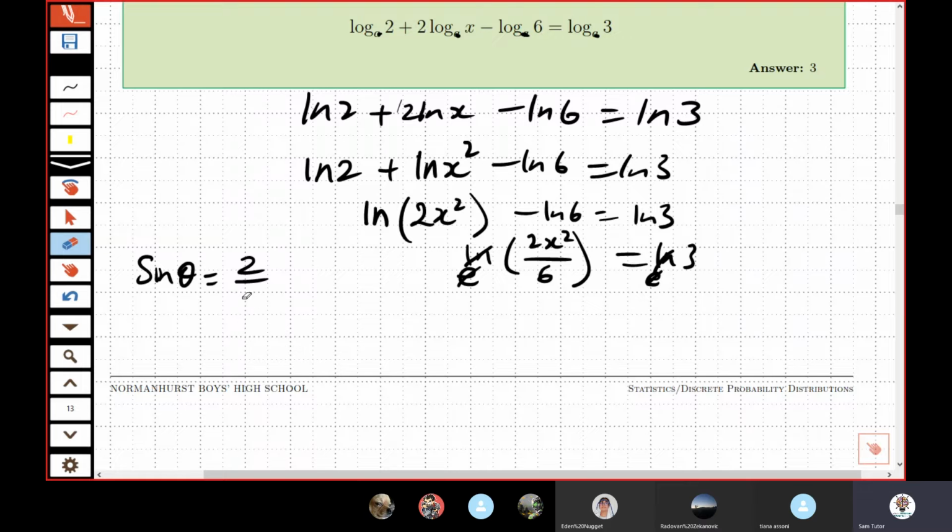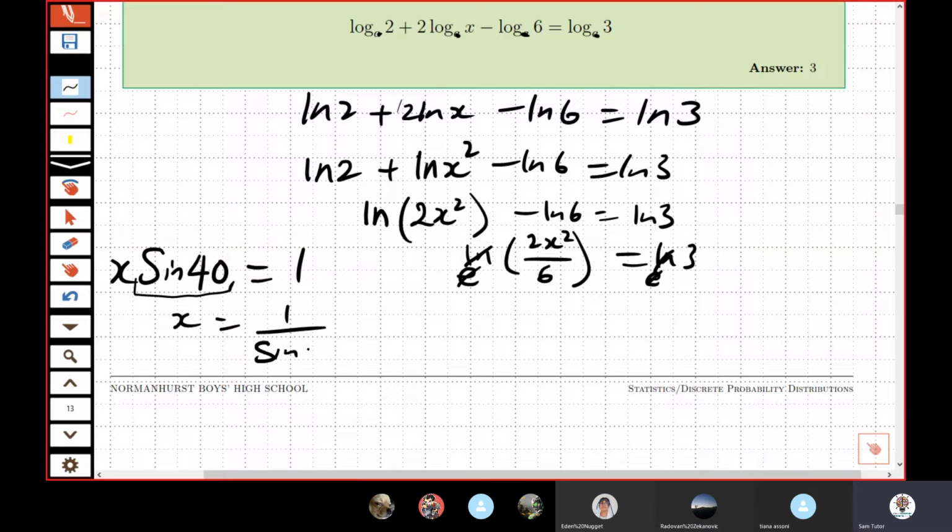But if I said to you now, and listen to the question, how do I get rid of sine 40? You're not allowed to say inverse it, because you're not getting rid of the sine. You're getting rid of the number. So you'll divide it. You get the difference?